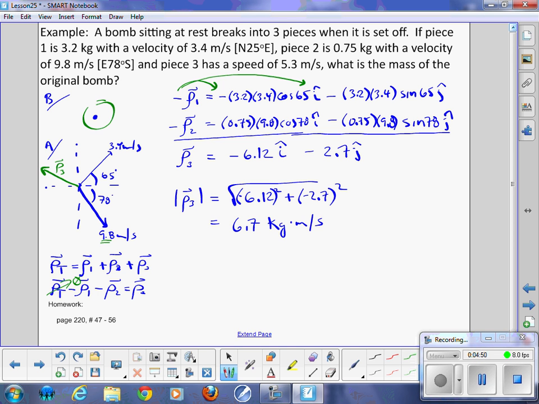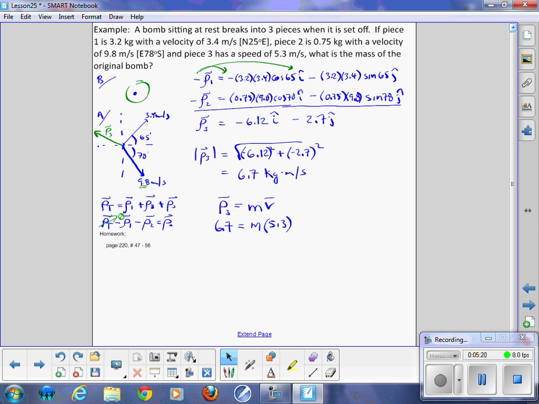So there's the magnitude of the third piece. I want to find that angle. Actually, we don't really need it. We're looking for a mass, so I wouldn't require theta because I'm looking for the momentum of the third piece. I know it's mass times its velocity. I know the momentum was 6.7. I don't know the mass. I do know the velocity of the third piece was 5.3.